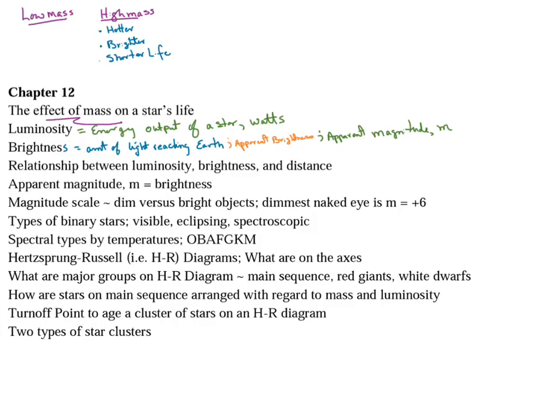And remember, luminosity is what the sun or star is putting out. Brightness is as we see it, and the link there is the distance. As you know, the farther away an object is, the brightness is going to go down, right? So it's got an inverse squared relationship.